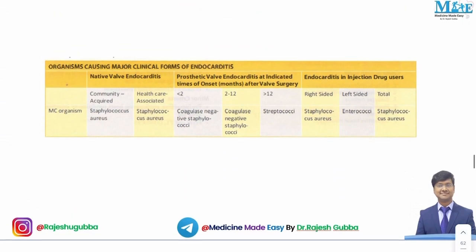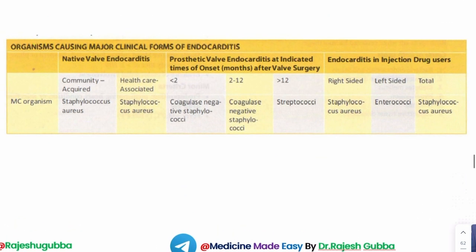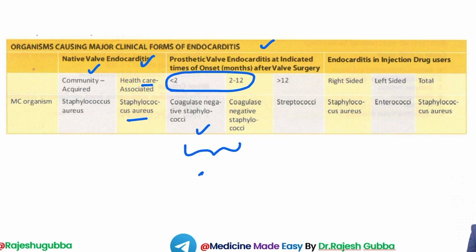So this table is very important regarding the organisms. For community acquired or native valve endocarditis, whether community acquired or healthcare associated, the most common organism is Staphylococcus aureus. Then prosthetic valve endocarditis up to 1 year: the most common organism is coagulase negative staphylococci, which is nothing but Staphylococcus epidermidis. After 12 months, it becomes streptococci or Strep viridans.